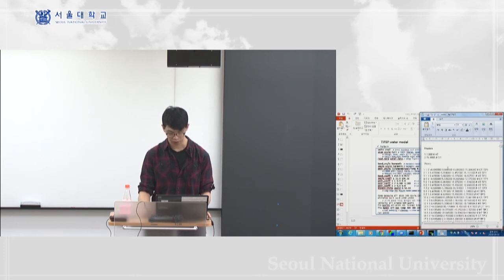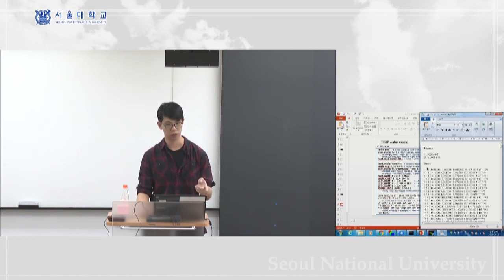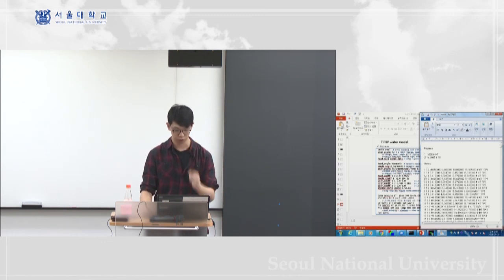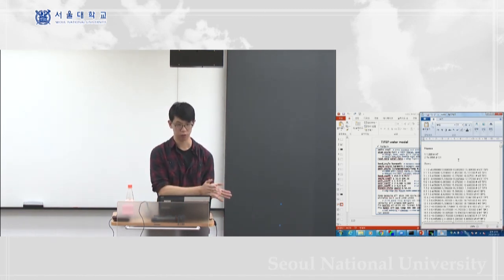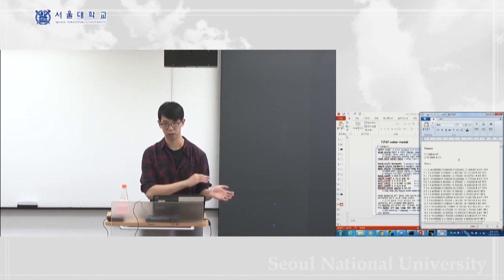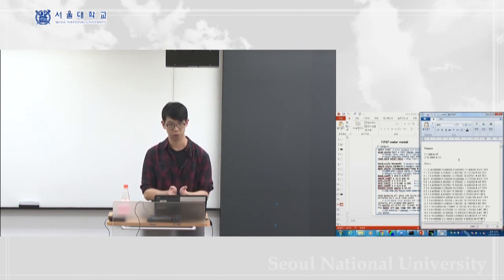So the first one is going to be the ID of the atom, and the second one is going to be which molecule the atom is included in. So these three atoms are included in the first molecule, and then these three atoms are included in the second molecule, or something like that. So you designate the molecules for these simulations, unlike the previous ones, because this is more complex.